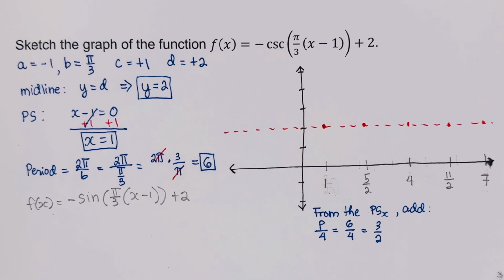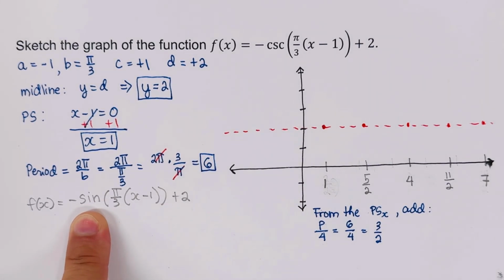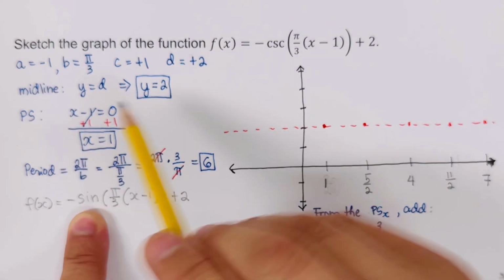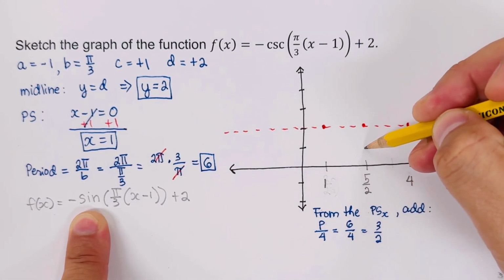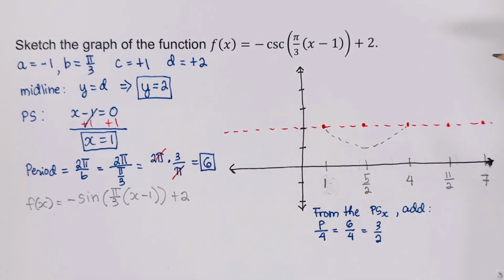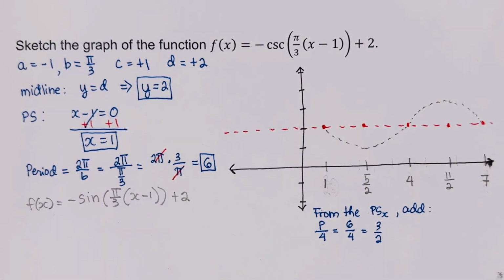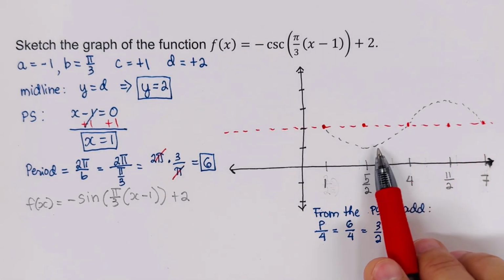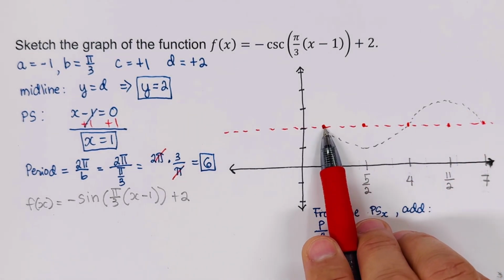From here, we can sketch our sine graph. Since this is negative and our amplitude is 1, that means we're going to go down 1 and create our sine graph. We also have to go up 1 and sketch the graph. Now we remember that the point from the sine graph that touches the midline in a cosecant graph will be a vertical asymptote.